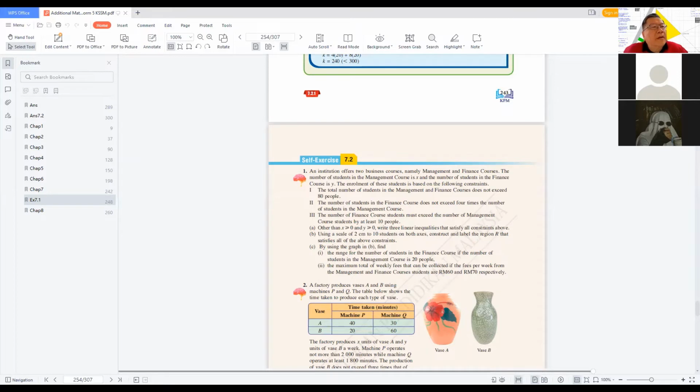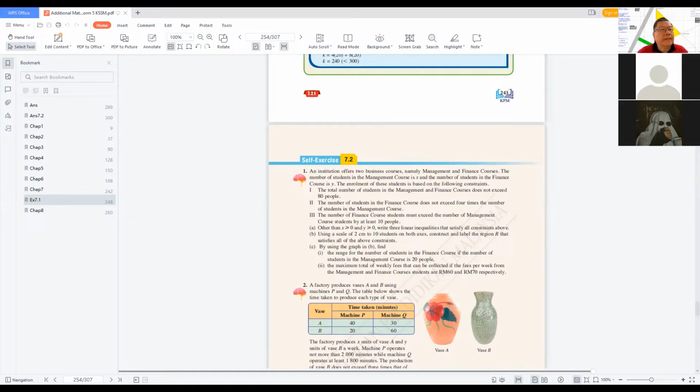The total number of students in the management and finance course does not exceed 80 people. The number of students in the finance course does not exceed four times the number of students in the management course. The number of finance course students must exceed the number of management course students by at least 10 people.